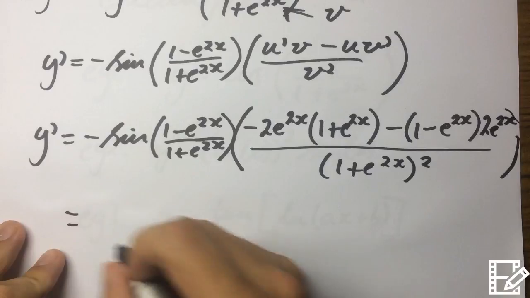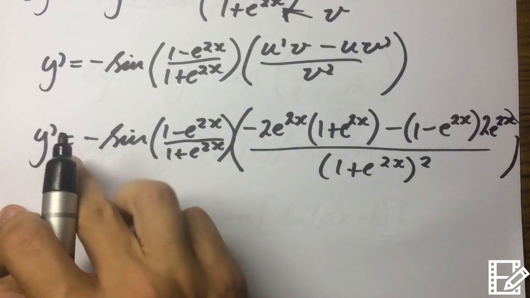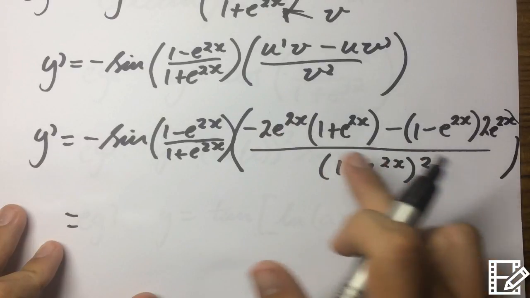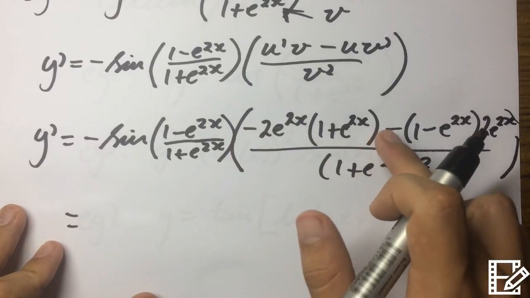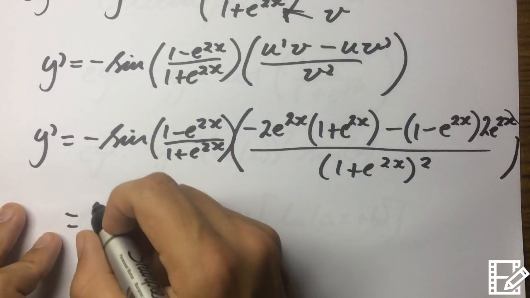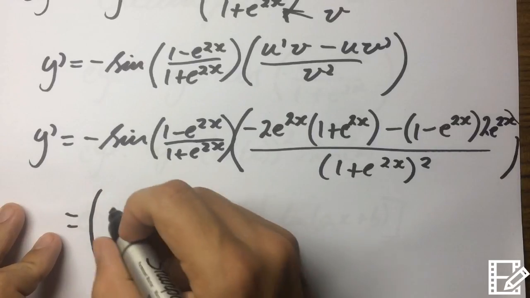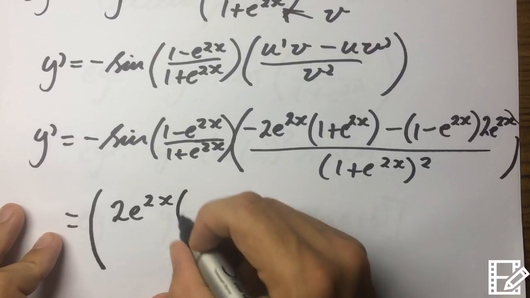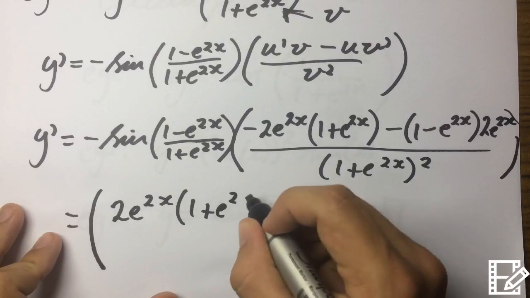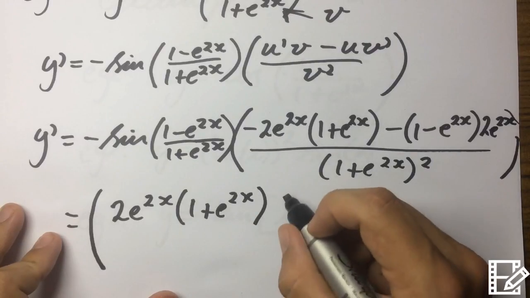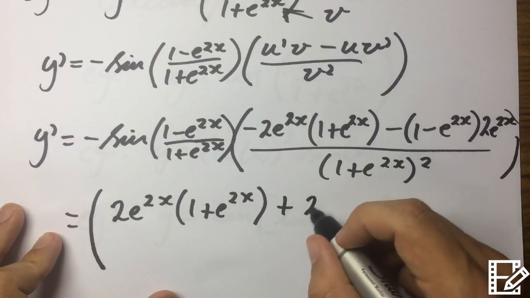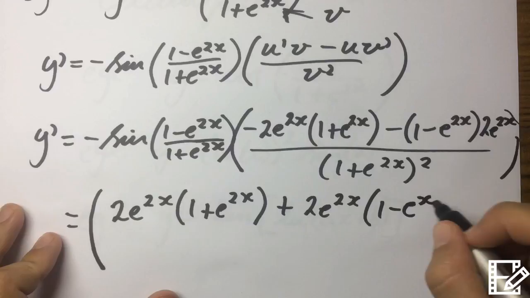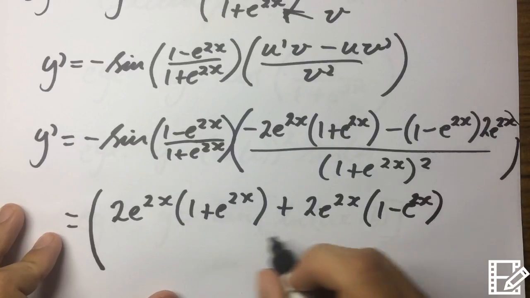Next step. What I'm going to do is multiply this negative into this, so it gets rid of the negative at the front and the negative there. So it's going to look like 2e to the power of 2x times (1 plus e to the power of 2x), plus 2e to the power of 2x times (1 minus e to the power of 2x).